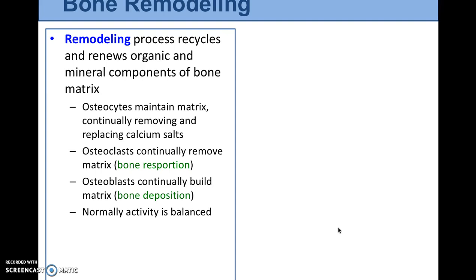If we looked at the leg bones, the femurs and tibias of a runner, we would see that their bones have a thicker aspect ratio because more bone will be deposited to the outside, to the periosteum. It'll be deposited faster than bone matrix is broken down in the endosteum. That means it's going to become thicker so that it's stronger and can handle that mechanical stress. We do see our three bone cell types listed there: osteocytes, osteoclasts, and osteoblasts. We just need to make sure we know what they do, okay?